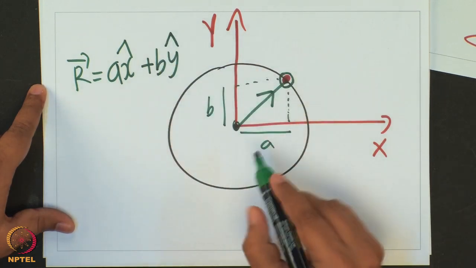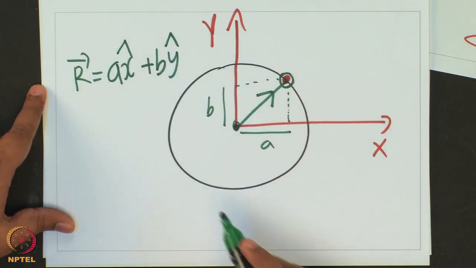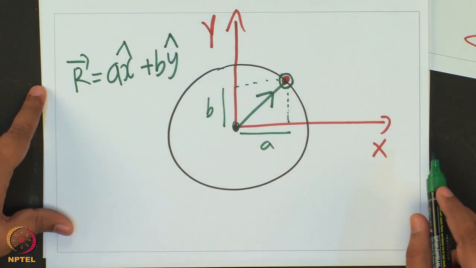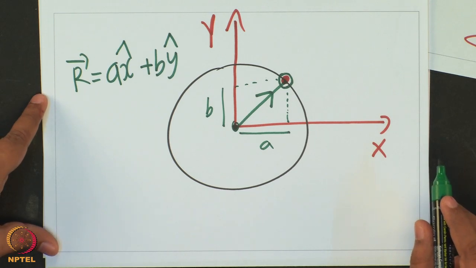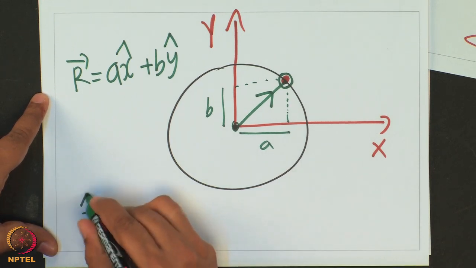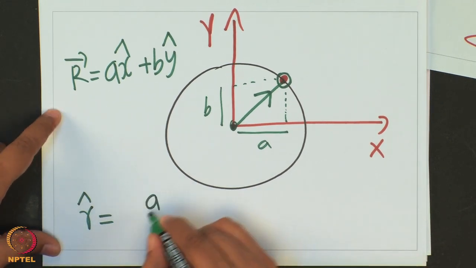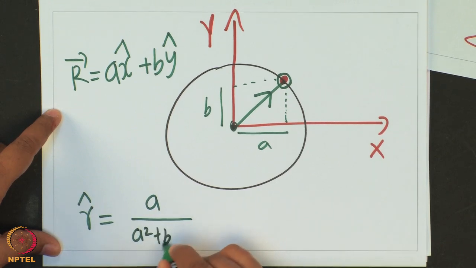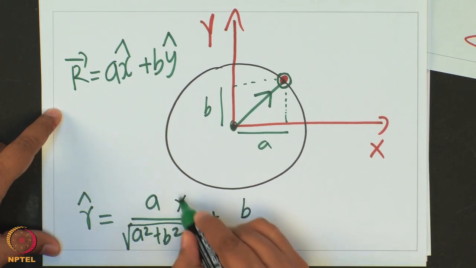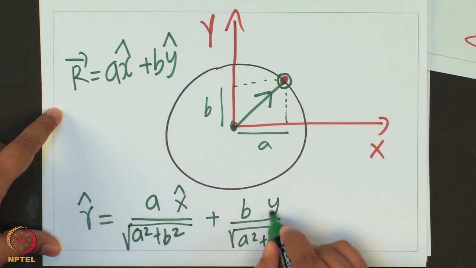If I go a along the x direction and b along the y direction, I will reach this point, and that is what is represented by r = a x-cap + b y-cap, right. Now we also said that we can write a unit vector, the r unit vector, which I could write as a by root of a squared plus b squared along the x direction, plus b by root of a squared plus b squared along the y direction.